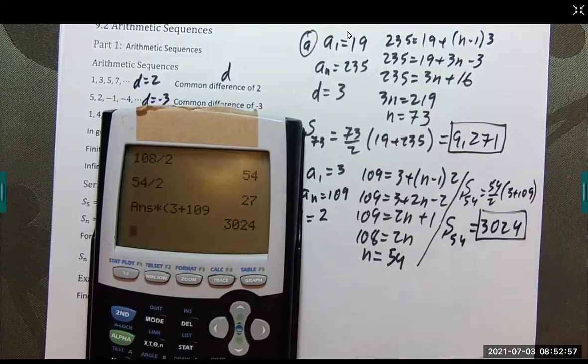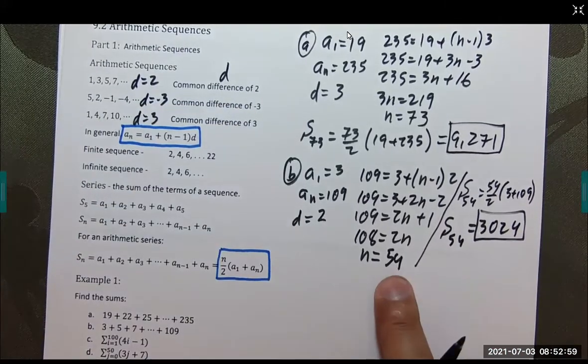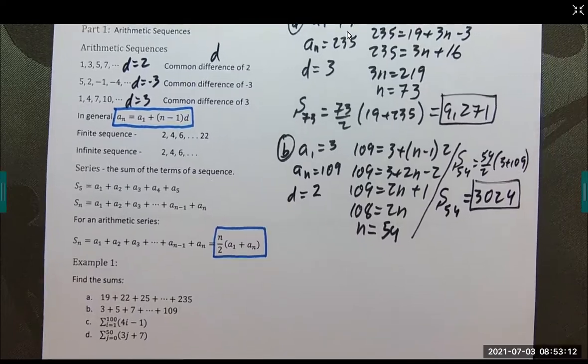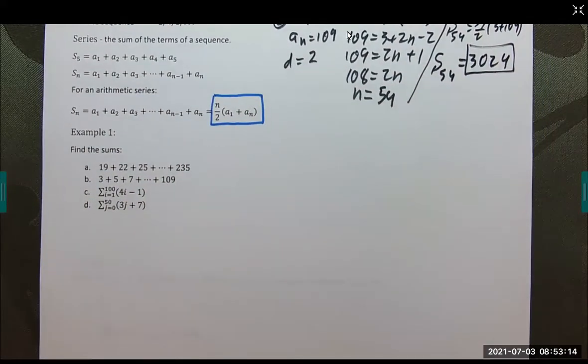So once again, I'm adding up 54 terms here, all 54 of them. When I add all those terms starting with 3 with a difference of 2, adding all those up, we get 3,024. All right, let's move on to C.